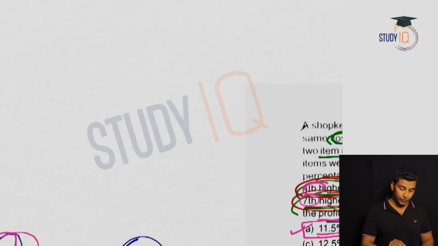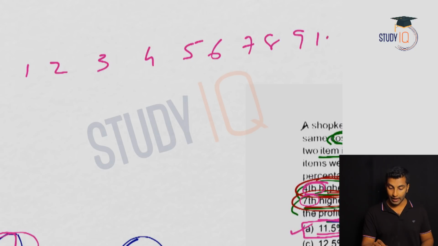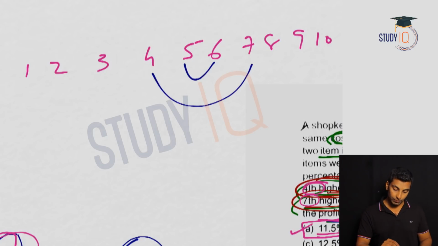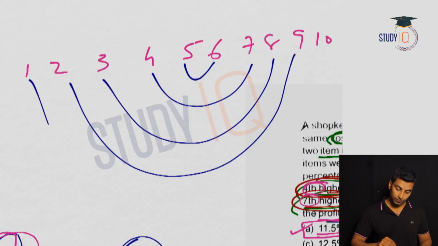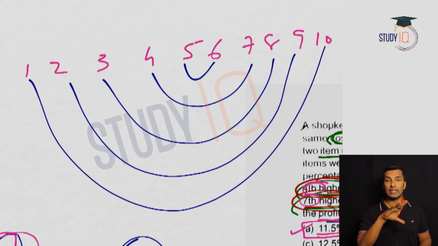See, it's like this. If you have 10 terms, 1, 2, 3, 4, 5, 6, 7, 8, 9, 10, this is how AP goes, right? These two will be same, these two, these two, these two. All these will give you the same sum. So if you take simple average, all those will be the same.